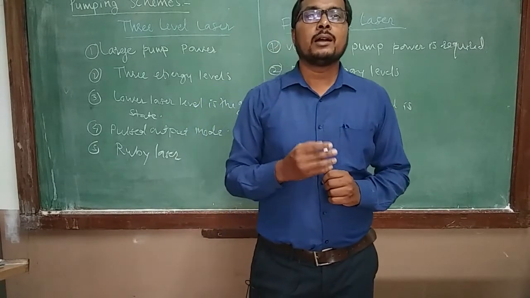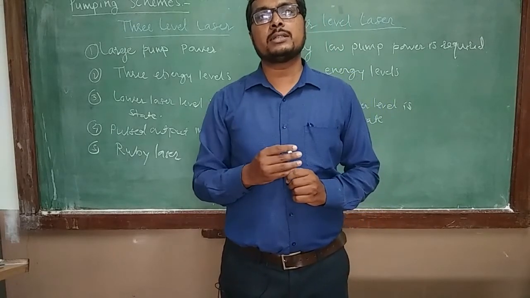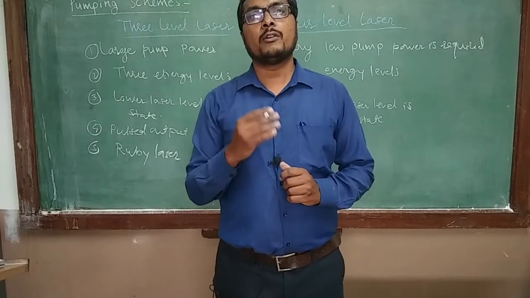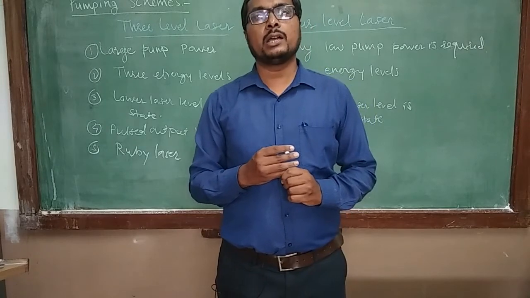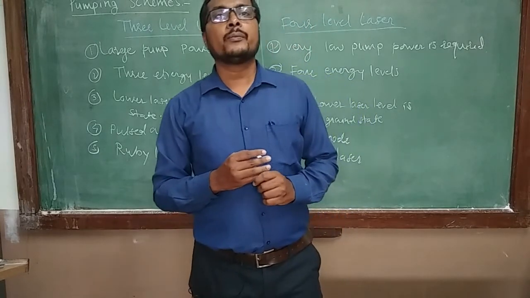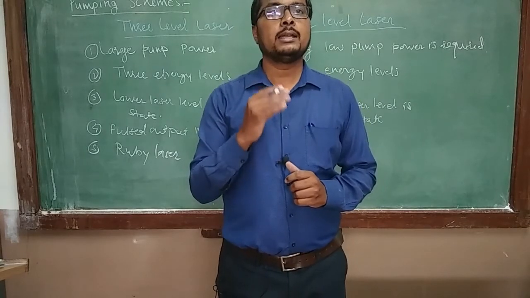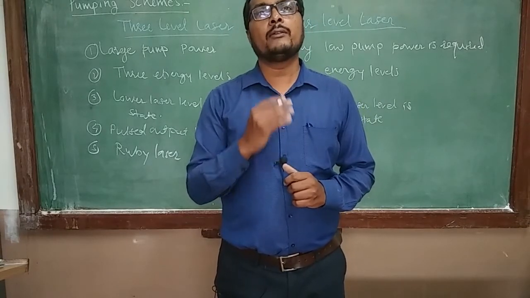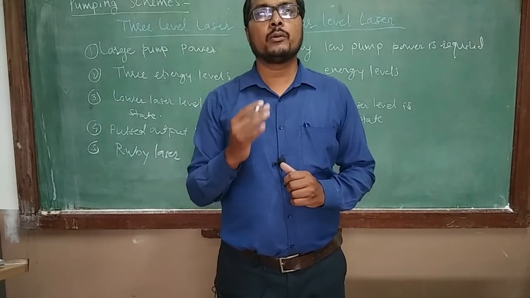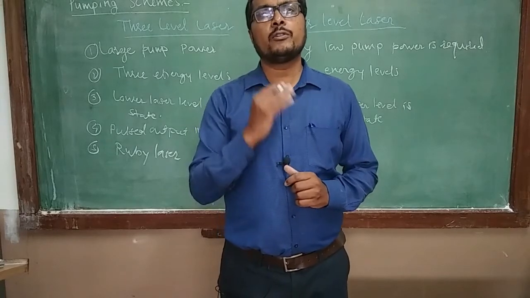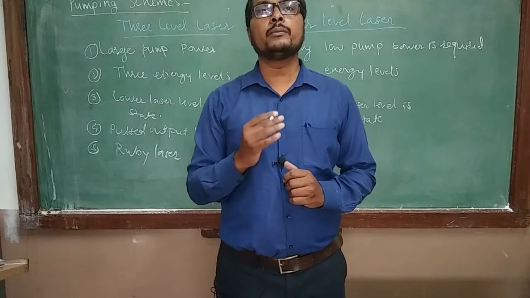And since E2 is not a metastable state, the atoms fall back to the ground state immediately and are available for lasing action again, and therefore we require very low pumping power in the 4-level laser scheme. Also, the 4-level laser works in the continuous wave mode. The example of a 4-level laser is the HeNe laser, or helium neon laser.